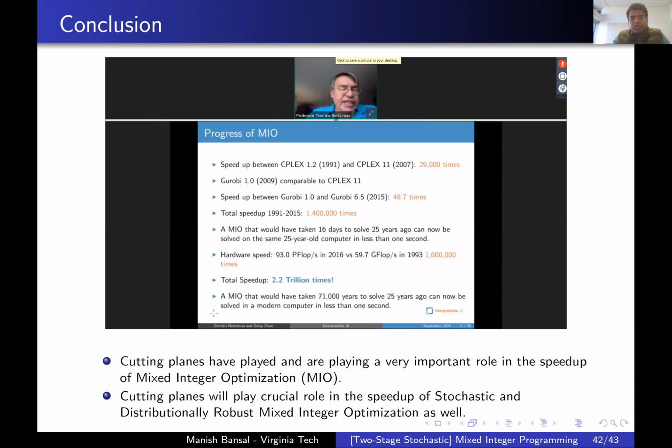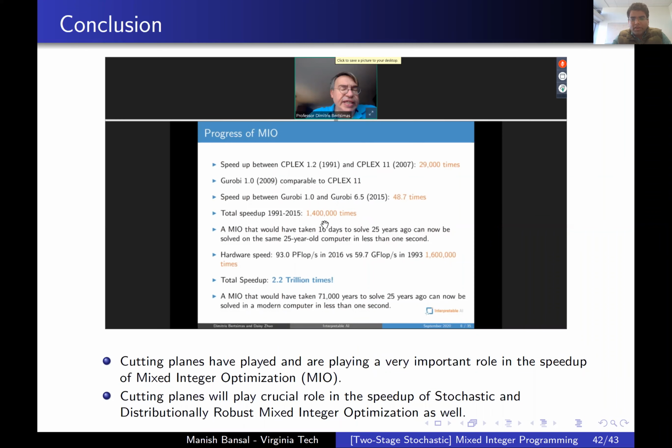So in conclusion, this was just a slide my student obtained from Dimitris Bertsimas's presentation for Gurobi, and this is the progress for mixed integer programming optimization. It said there's a speed up of CPLEX from 1991 to CPLEX 11 in 2007 of 29,000 times, and thereafter Gurobi is comparable to CPLEX 11, and there's a speed up in Gurobi of another 48.7 times.